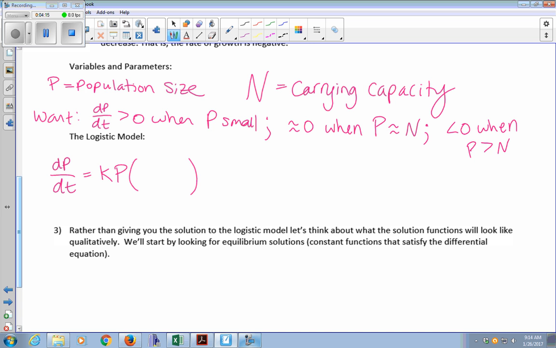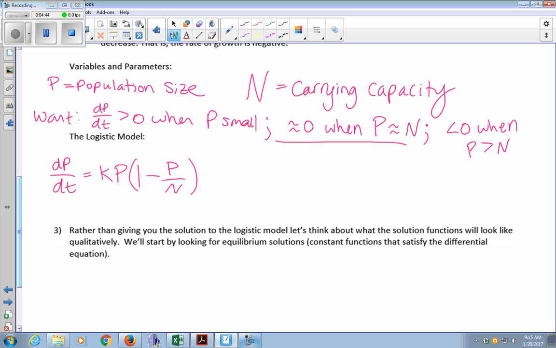I'll just tell you what it is, and then we'll show that it satisfies all these wants: 1 minus P over N. If P is approximately N, then P over N would be about 1. If they were equal, this whole factor would be 0 and dP/dt wouldn't change. So that captures this piece.